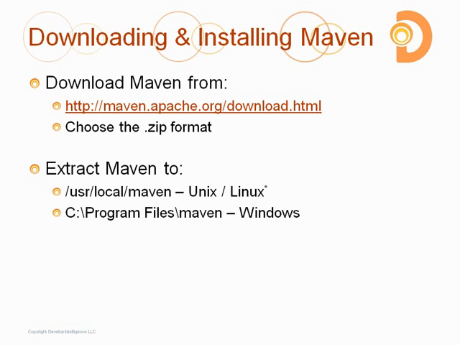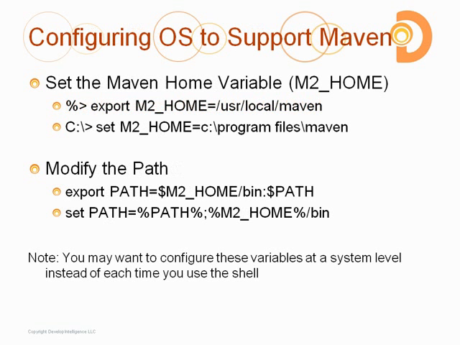Obviously, once you download and extract Maven to the correct place, there are some steps that you need to go through so that you can use Maven in the command line. First thing you need to do is configure M2_HOME. So this is assuming that we're using Maven 2.